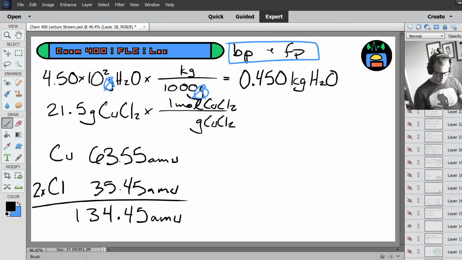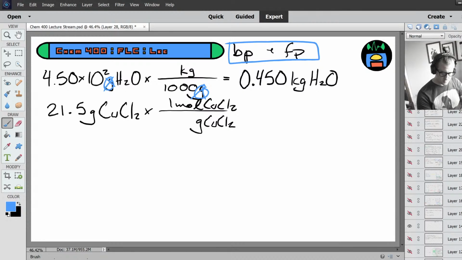Wait, is that right? 63.55. Yeah. Okay. So that's 134.45. 134.45 grams of copper 2 chloride, and the grams cancel.